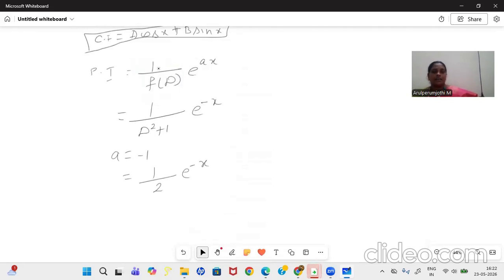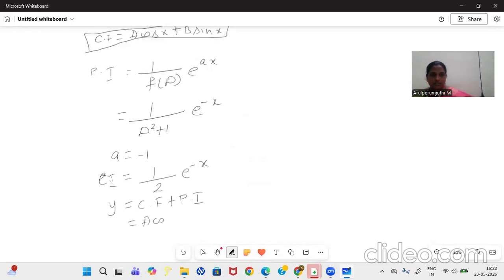Replace d by a. So d square is equal to minus 1. So this one becomes 1 by 2 e power minus x. So this is your PI, the general PI. So what's your complete solution? Y is equal to CF plus PI.